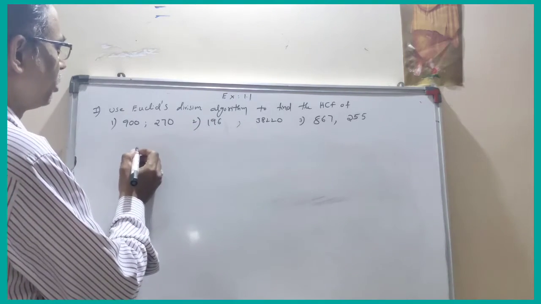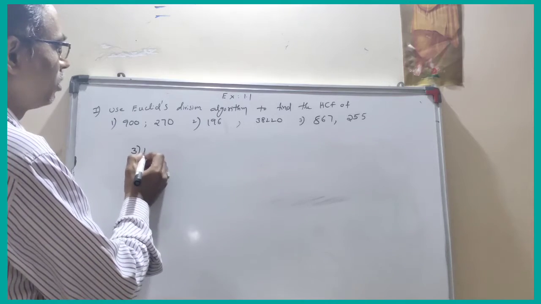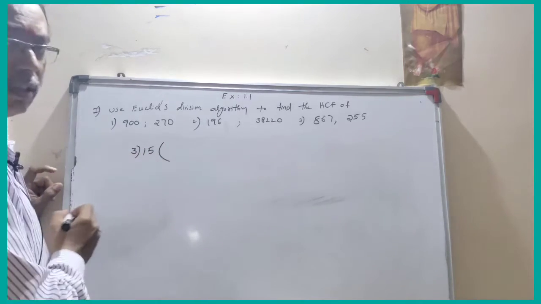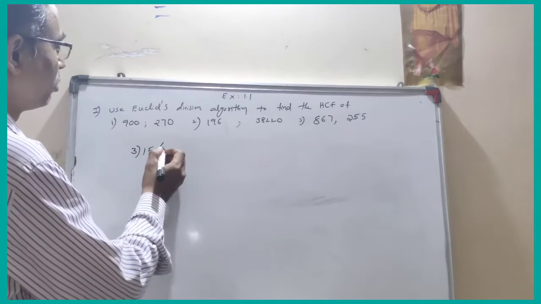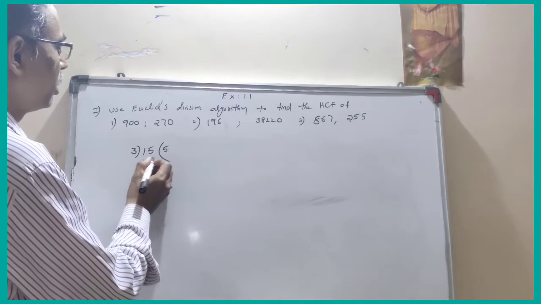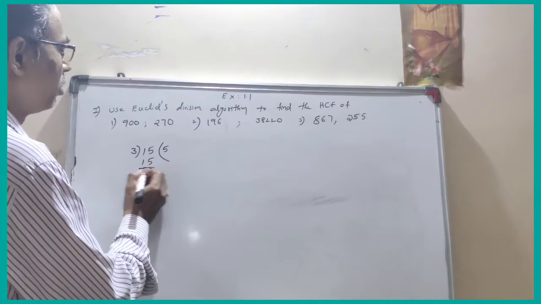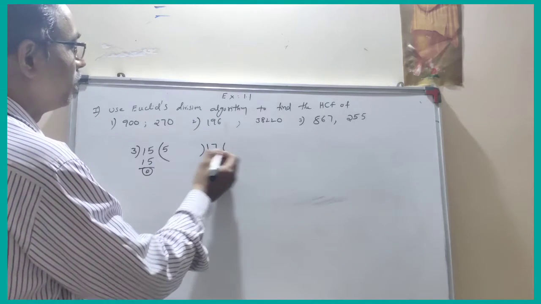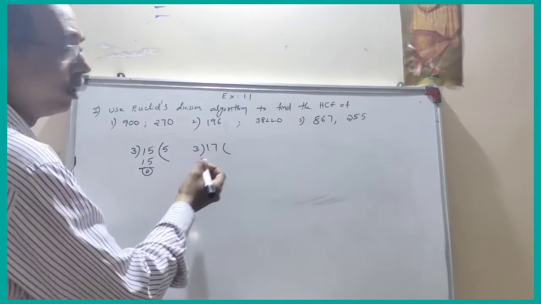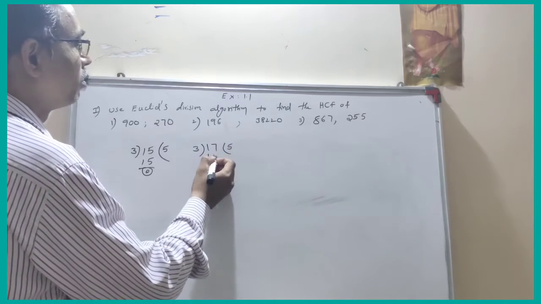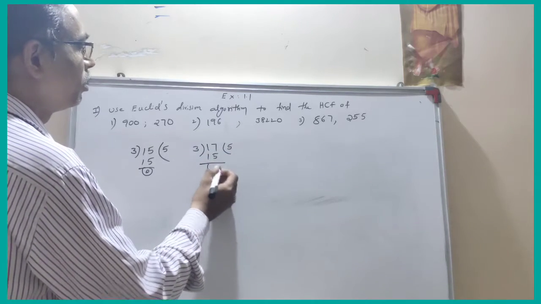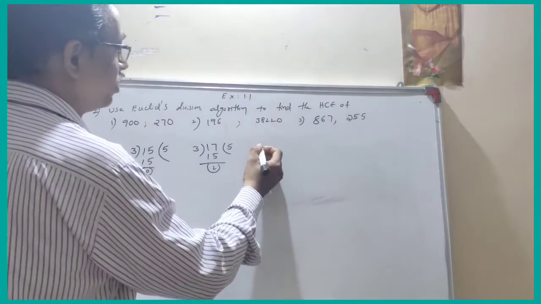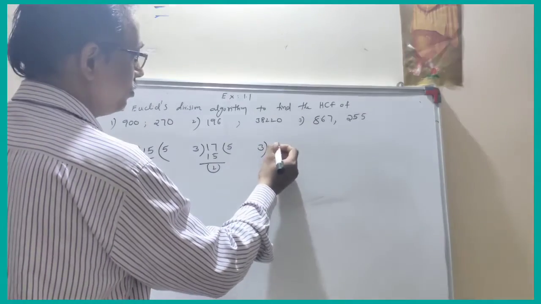For example, I am taking a small division, dividing 15 by 3. It goes 5 times, and we will get 0 as the remainder. Let us take one more, 17: again 3 fives are 15, we get remainder 2.